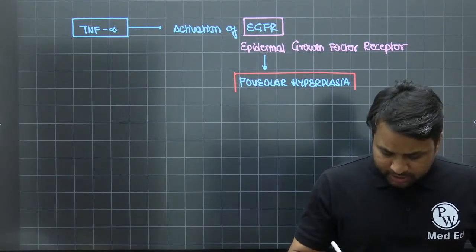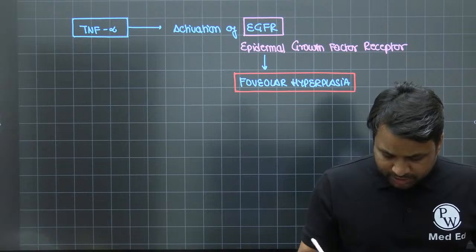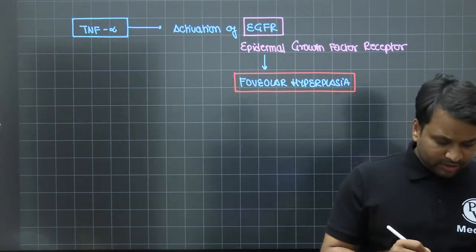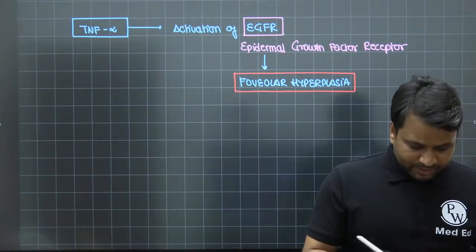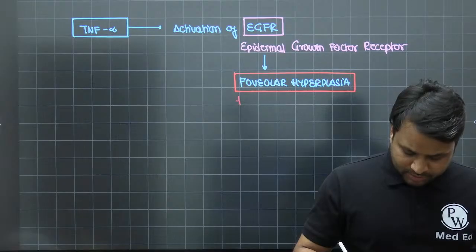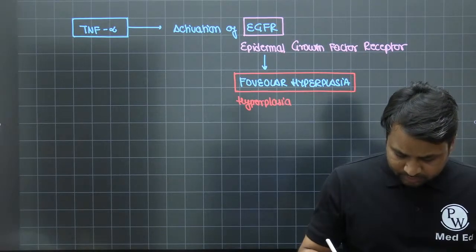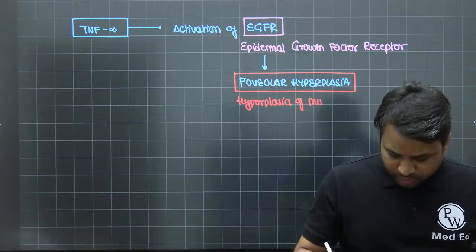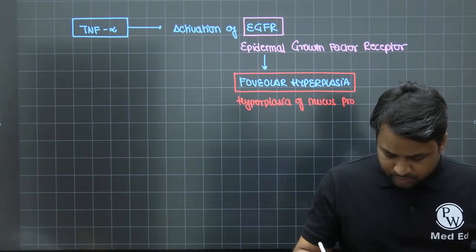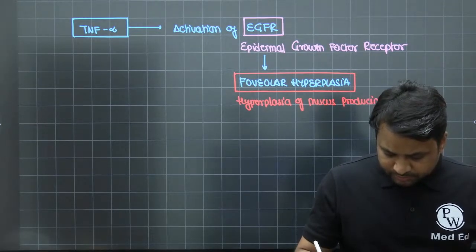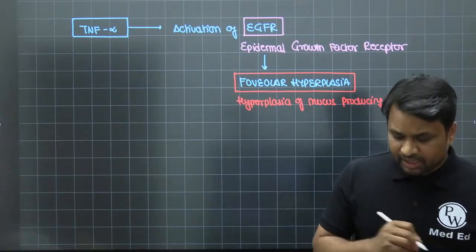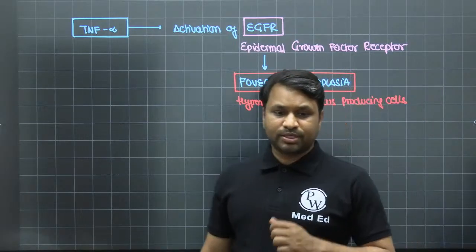Now, what is this foveolar hyperplasia? When we talk about foveolar hyperplasia, this is hyperplasia of the mucus producing cells, right?